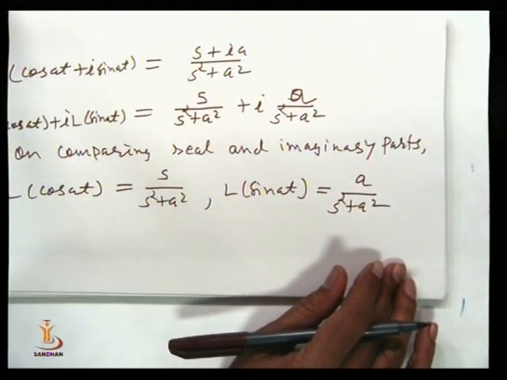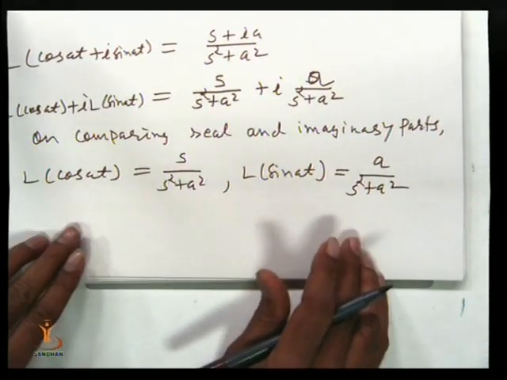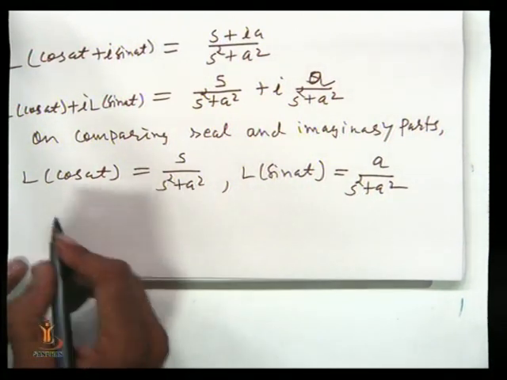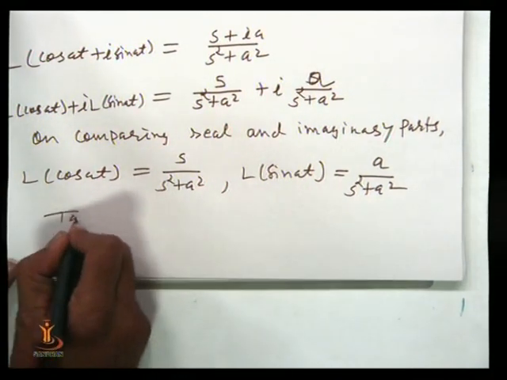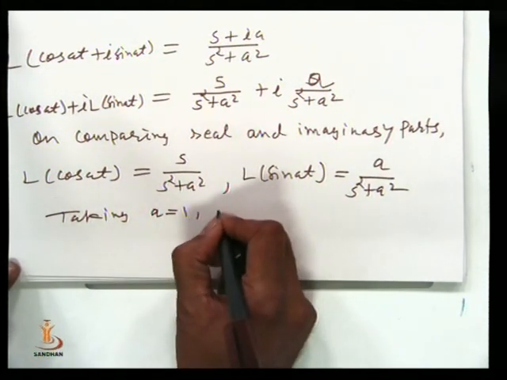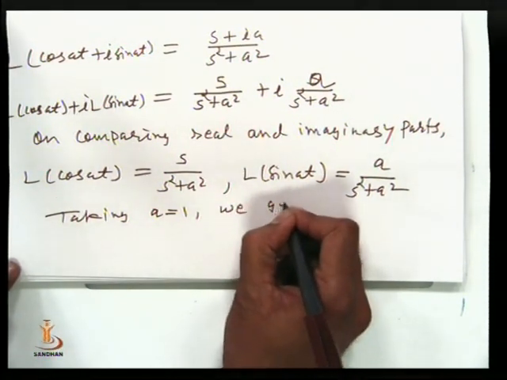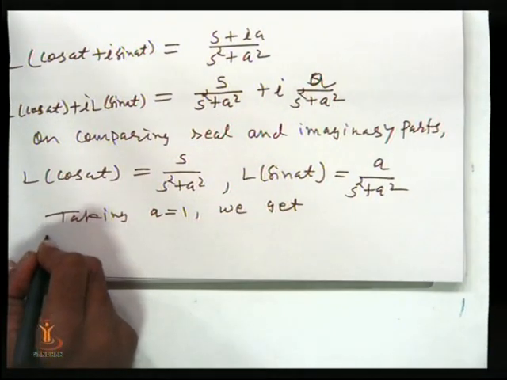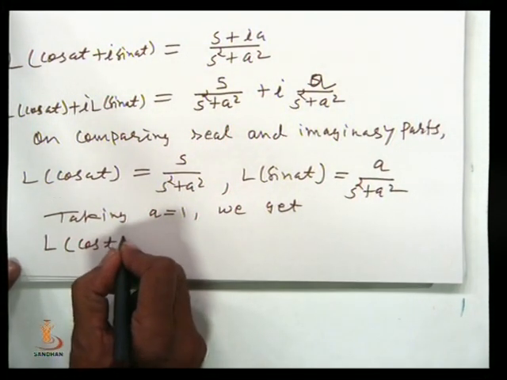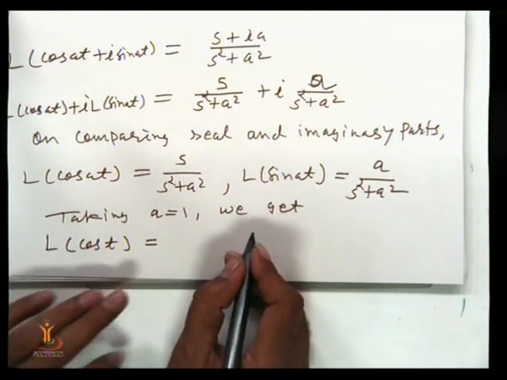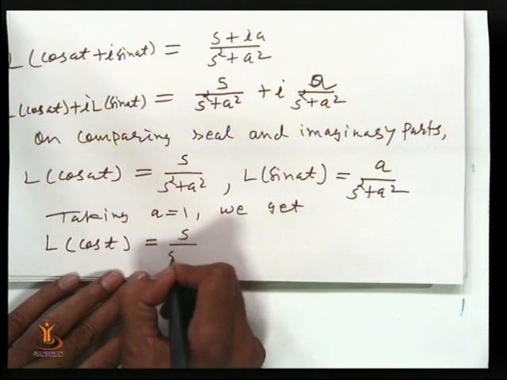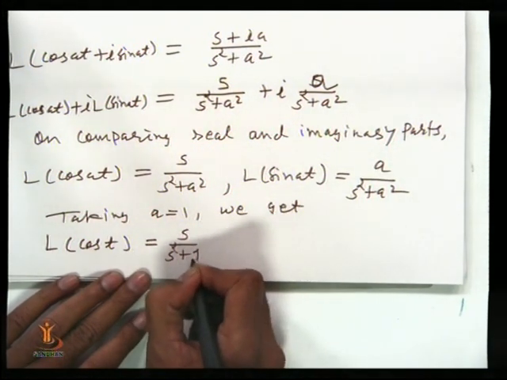Now to derive corollary from this, we take a equal to 1 in both the formula. Taking a equal to 1, we get Laplace of cos t equal to, we put a equal to 1, s upon s square plus 1 square, that is 1.